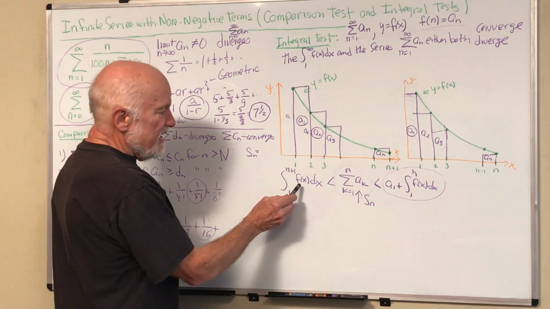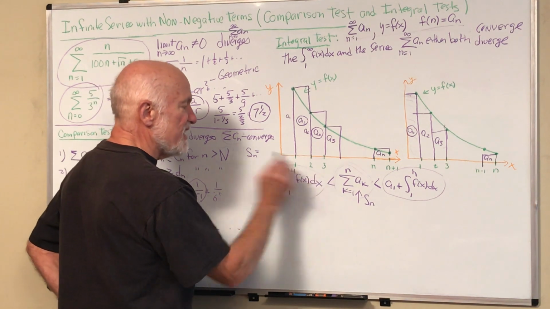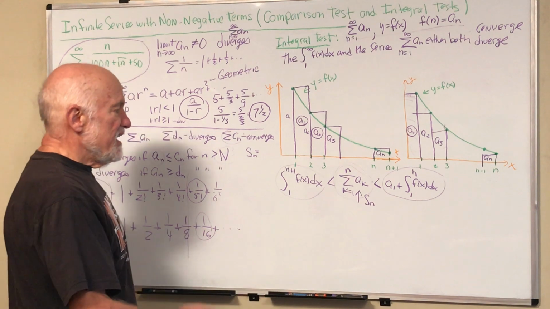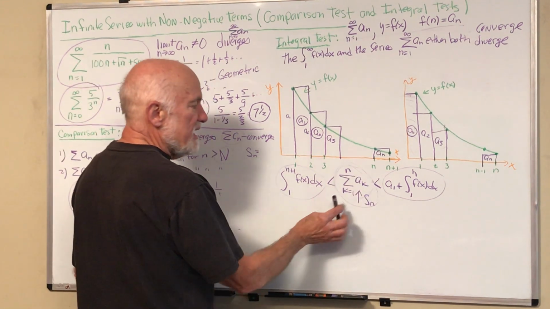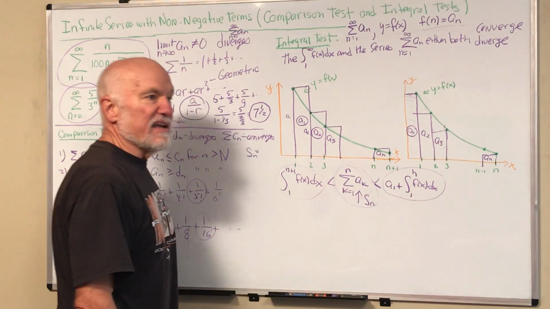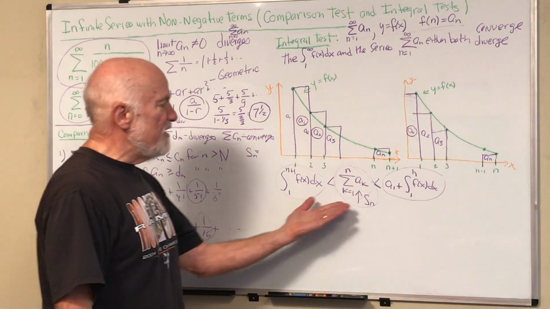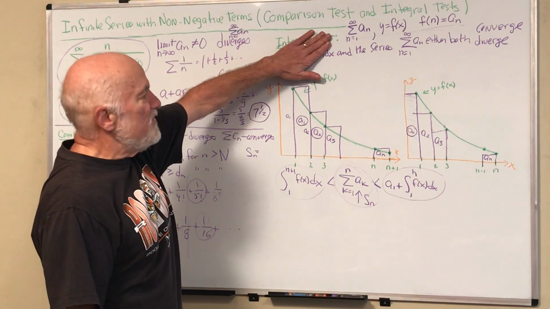And if the integral from 1 to infinity of f of x dx diverges, we can see that our nth partial sum is going to be greater than that. So there isn't going to be a limit as n approaches infinity of our nth partial sum. So this is a proof of the integral test.